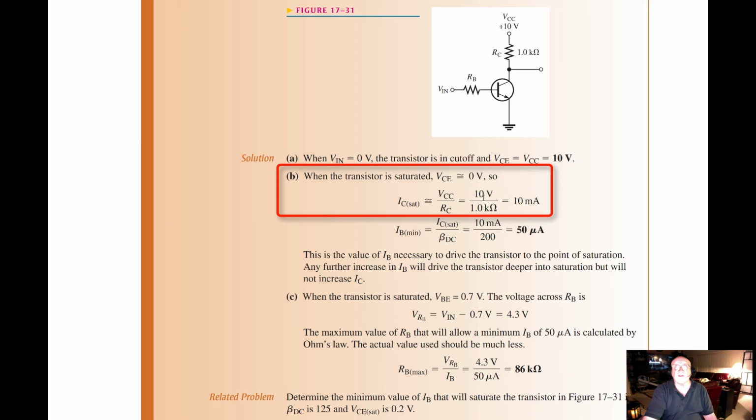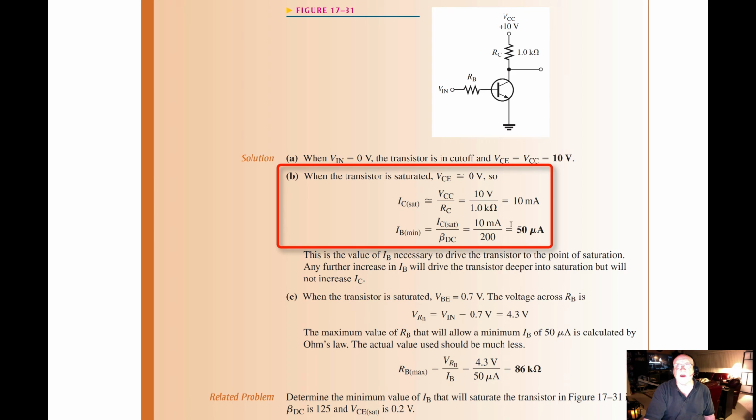So 10 volts VCC, 1K ohm for the resistor gives us 10 milliamps for IC sat. The base current then minimum is IC sat by beta DC. So there's IC sat. Beta DC was given as 200, so 50 microamps.